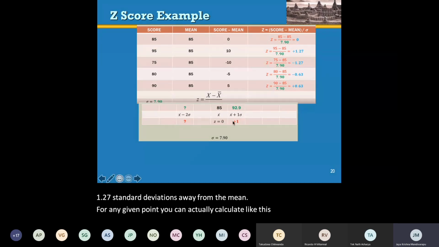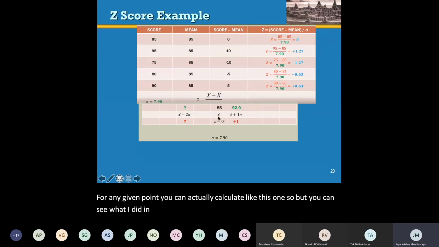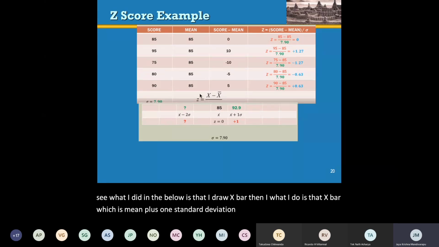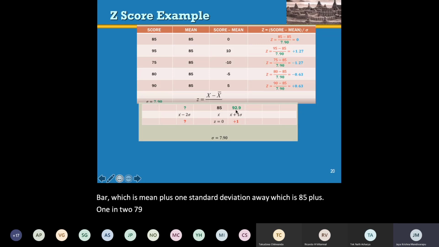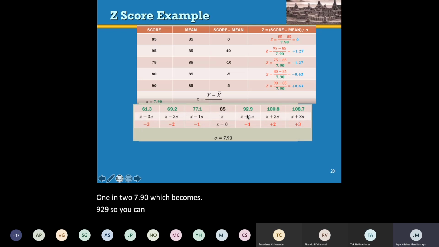Below, I drew x bar, which is the mean, plus one standard deviation away, which is 85 plus 1 times 7.90, which becomes 92.9. You can do the same and indicate the top points where each one lies.